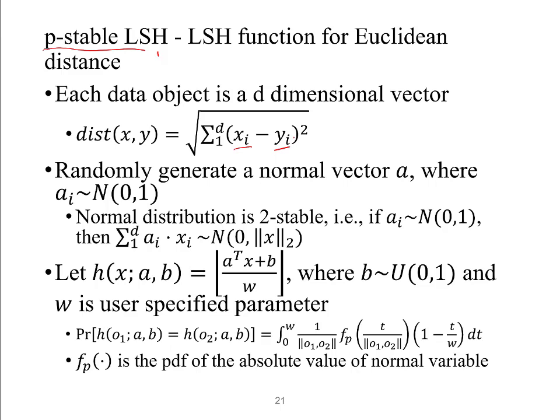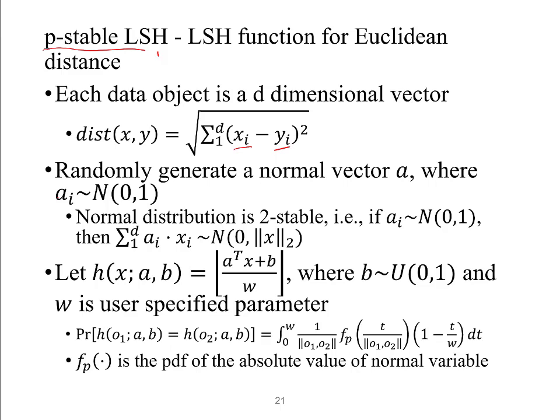Now, similar to what we have been doing before, we randomly generate a normal vector A, where each element of A is independently distributed in a standard normal distribution.